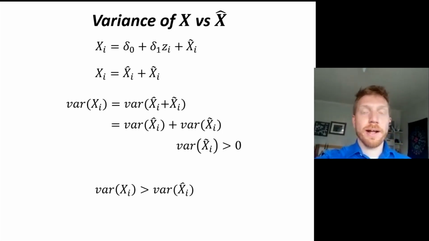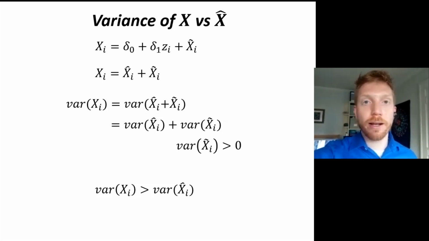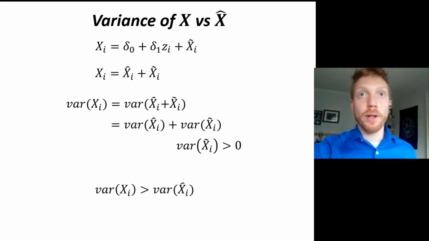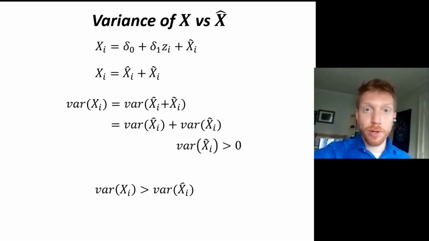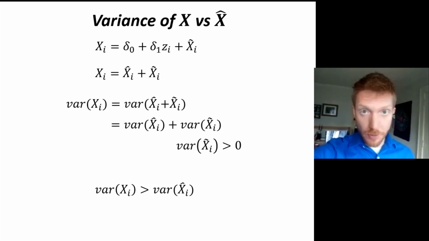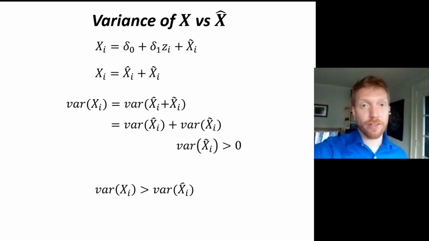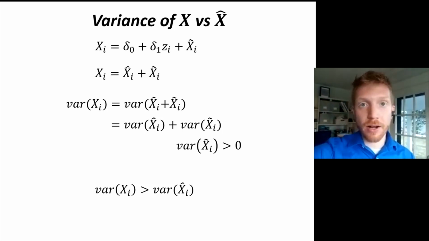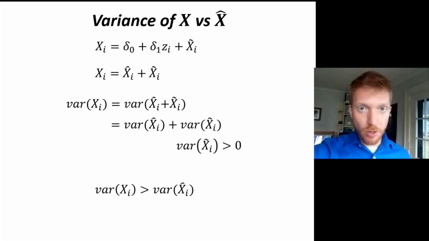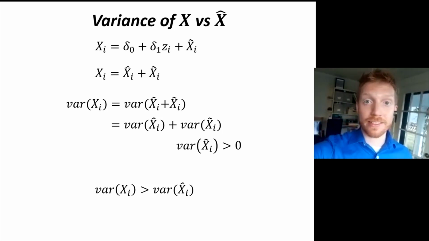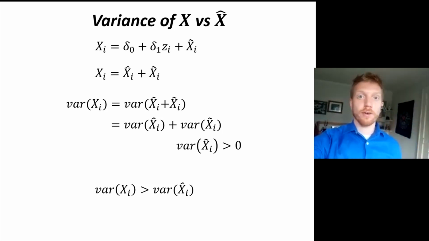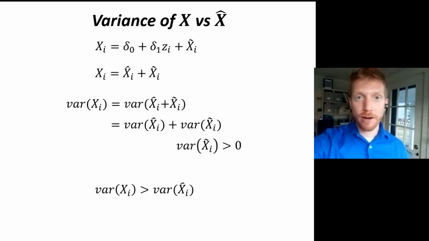Now, when we think about this more intuitively, when we're using an instrument, what we're doing is looking at one factor that is determining our x variable. So we had talked about the example of good internet access determining whether or not you're able to attend online office hours.